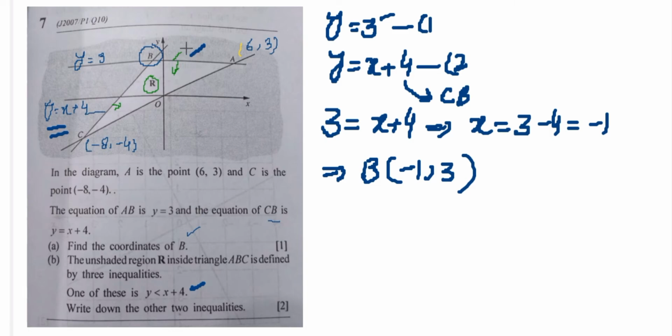Suppose there is a person here on this line, then the unshaded region R is below this person.